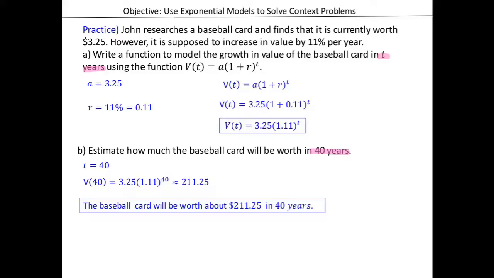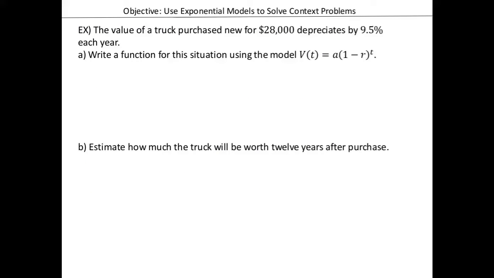All right, so now let's move on to exponential decay. So exponential decay, things are going to be like losing value instead. In this case, we have the value of a truck purchased new for $28,000 depreciates by 9.5% each year.